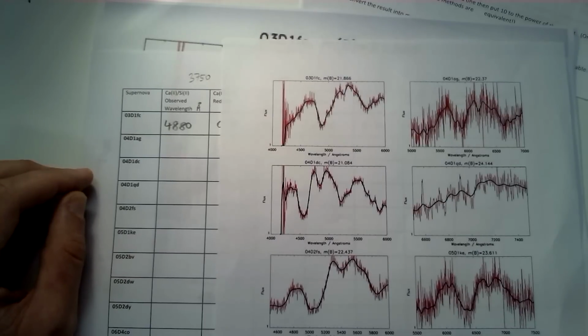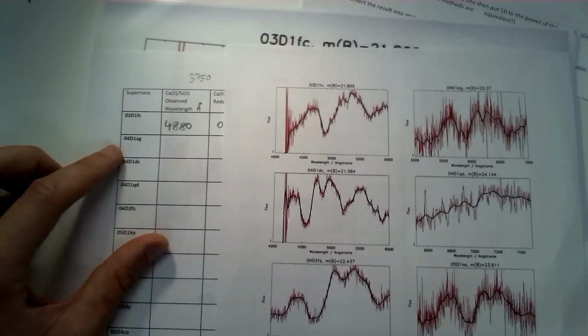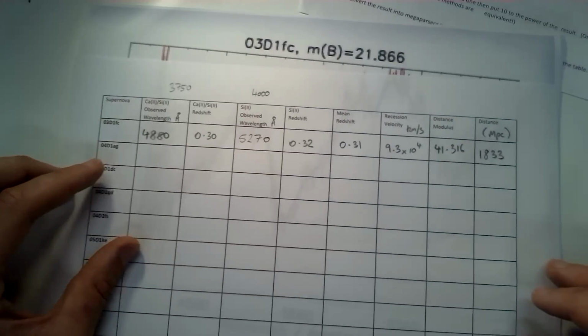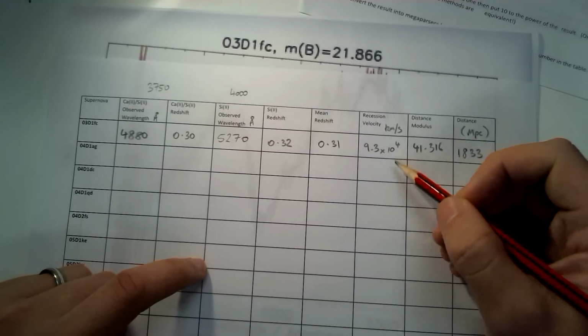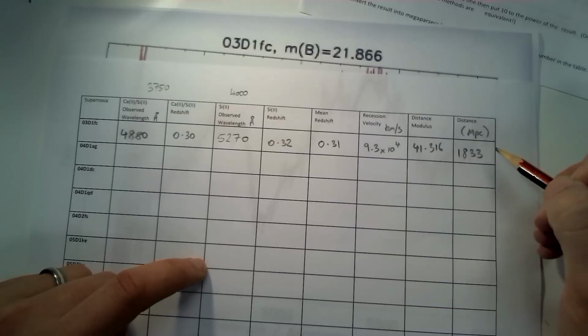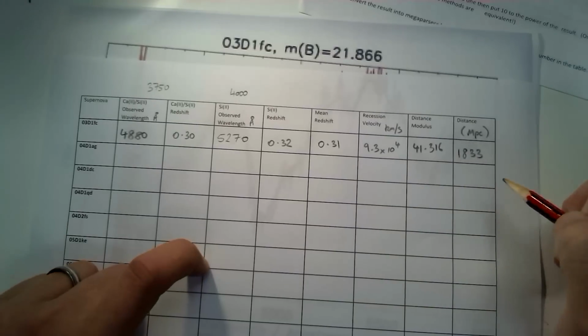You are going to fit a line of best fit to the data that you get. So you are going to graph the recession velocity against the distance. So on the y-axis you're going to have velocities in kilometers per second, and on the x-axis you're going to have distance.